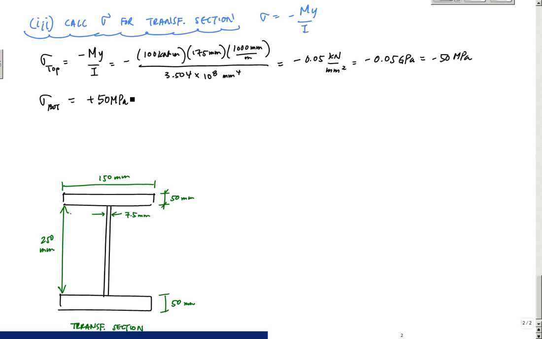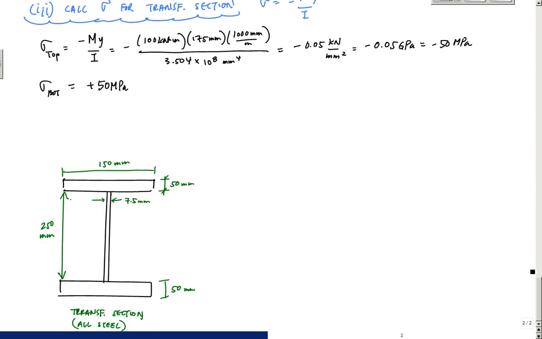And if I want to draw the stress profile of this section, let me draw some lines indicating the top and the bottom of this transformed section. It is this transformed section that's all steel. I have the neutral axis location right about here.